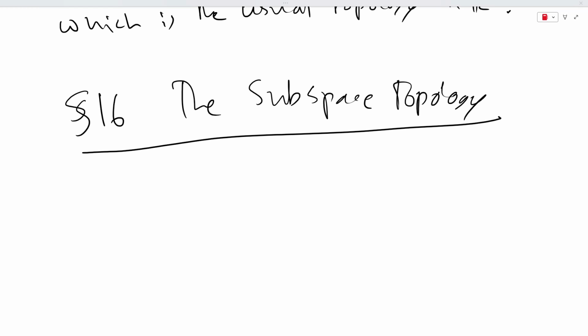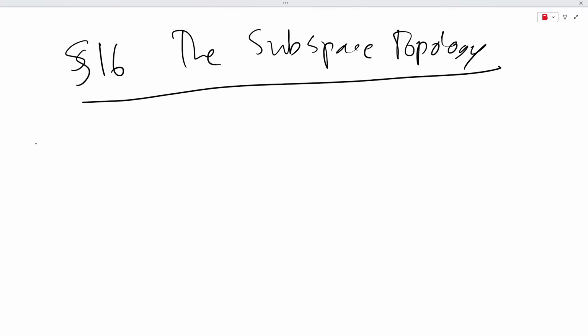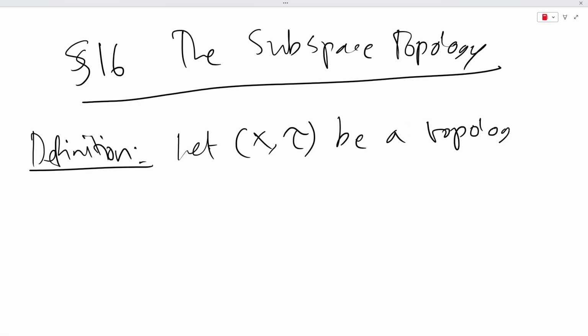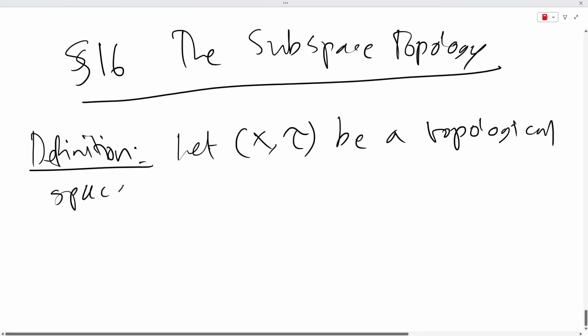So here's the definition. Let (X, tau) be a topological space and we pick a Y which is a subset of X.